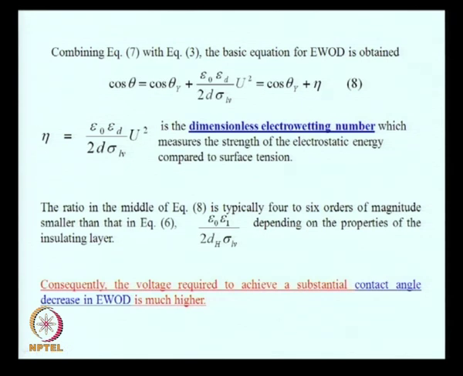Now, we saw this equation for the case of an electrolyte in direct contact with an electrode, which is electrowetting. We saw that the potential difference that can be applied between the electrode and the electrolyte is rather small. It is only of the order of a few hundreds of millivolts.